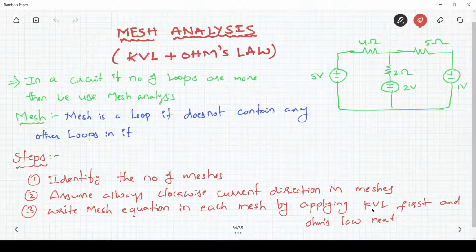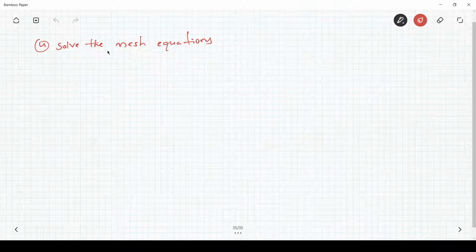KVL means the algebraic sum of the voltages around a closed loop is equal to 0. After applying KVL, then apply Ohm's law. If you apply KVL and Ohm's law, you will get two mesh equations for this circuit. In this loop, you will get one mesh equation. In this loop, you will get the second mesh equation. What is the fourth step? Solve the mesh equations.